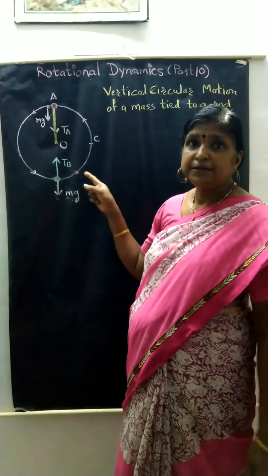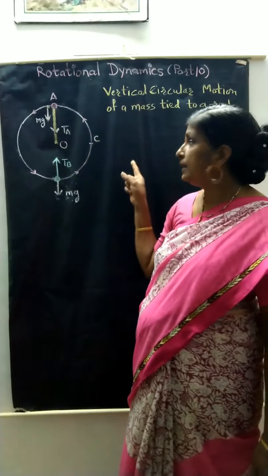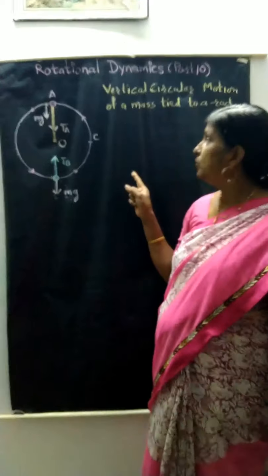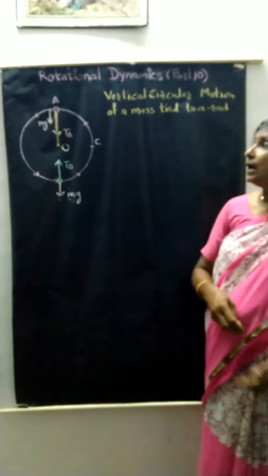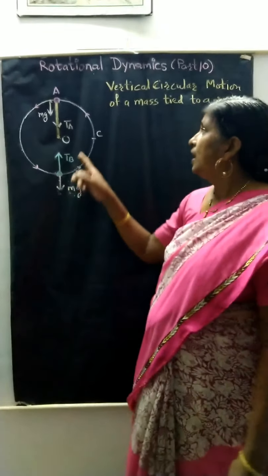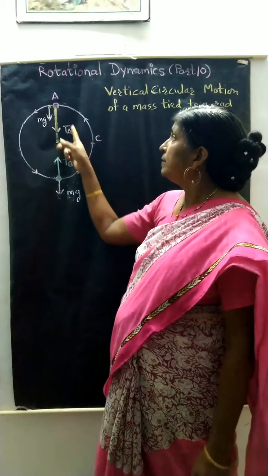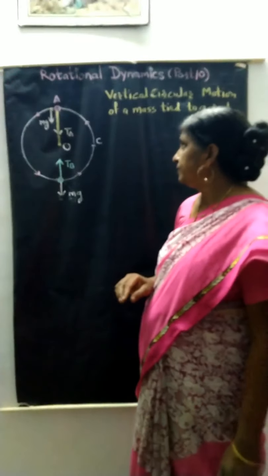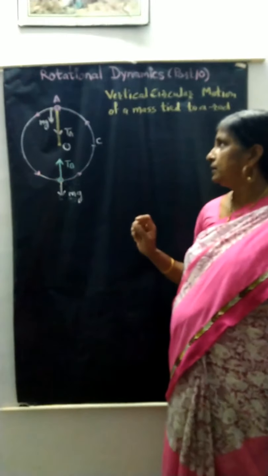The main difference in this case and in the case of the vertical motion of a mass tied to a string is that for the string some tension is required at all the points along the circular path.